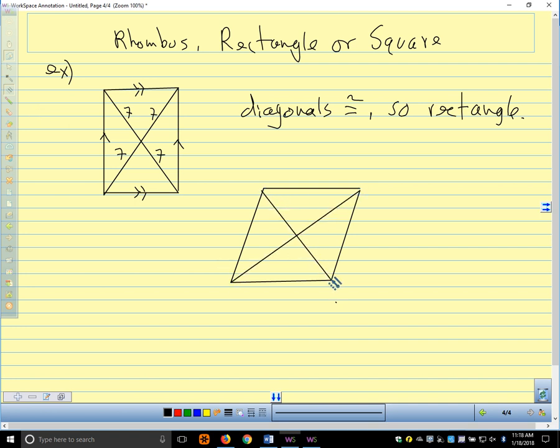There are my diagonals. We know this is a parallelogram, so I'll mark the sides parallel. Remember, the arrows mean parallel. Parallelogram, perpendicular diagonals, makes it a rhombus.